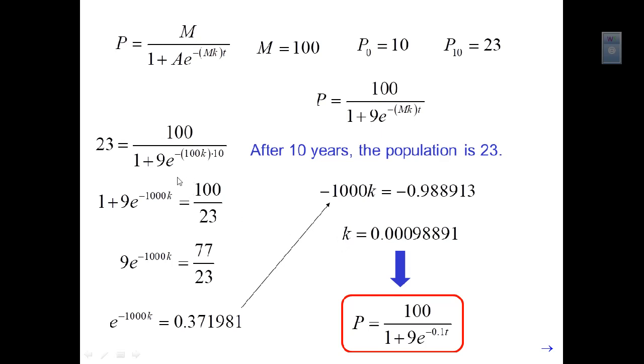So you have the negative 100 times the k. Sorry, that's what gives you this. All right, so at that point, this is the equation that you can use from here on out to find at what time t your population is going to equal the 50 and the 75 and the 100.